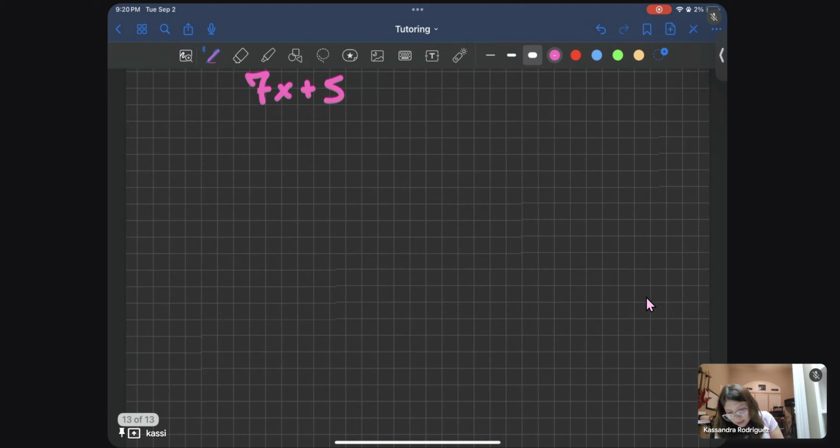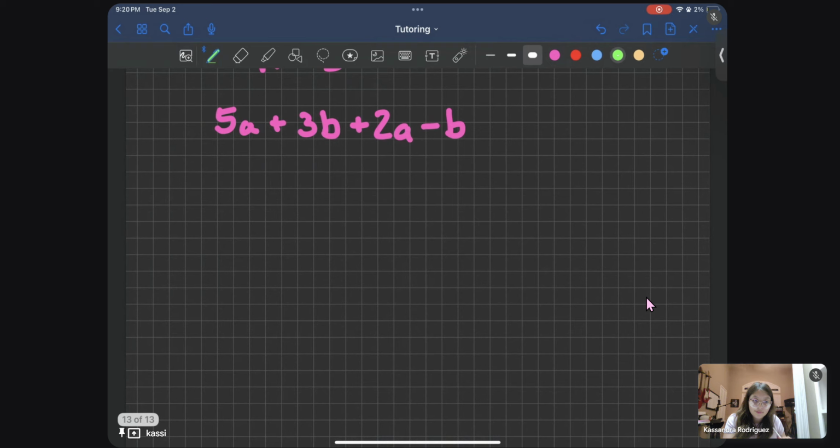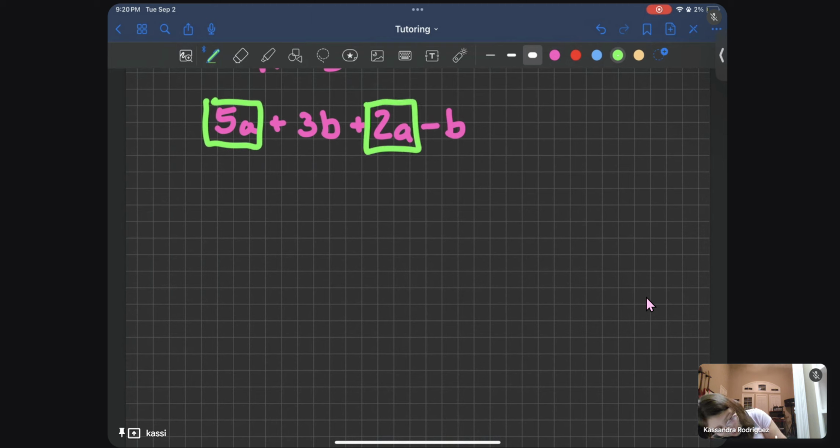So let's look at an example with different variables: 5a plus 3b plus 2a minus b. How would you go about solving this one? Okay, so let's solve it together now. We'd have two a's here, 5a and 2a.